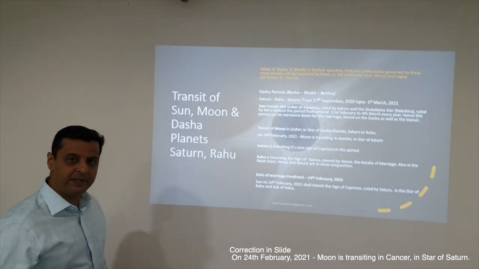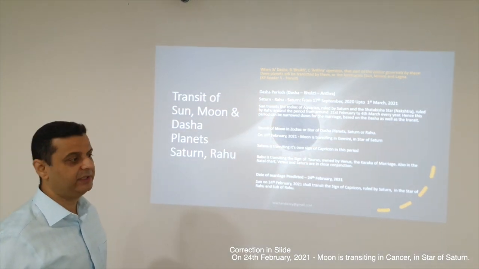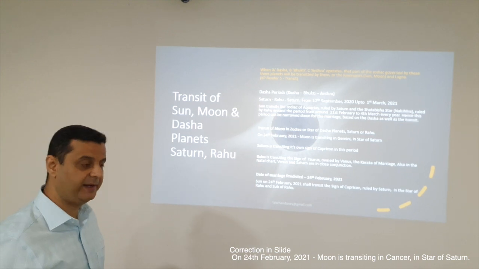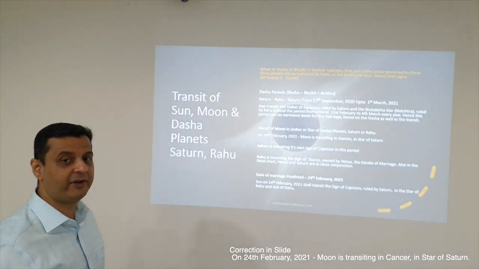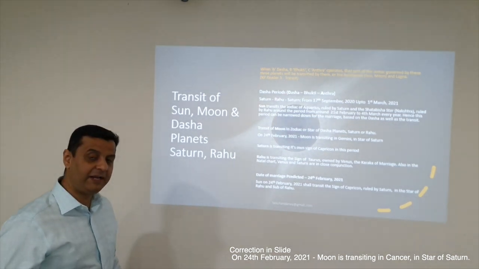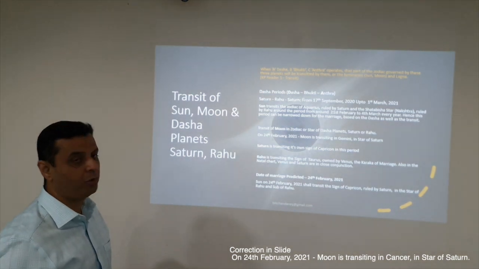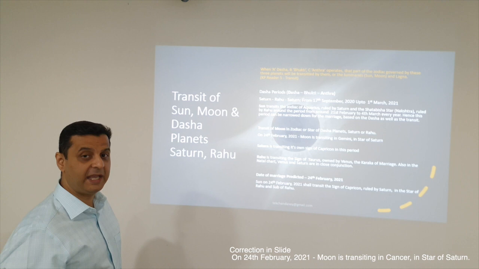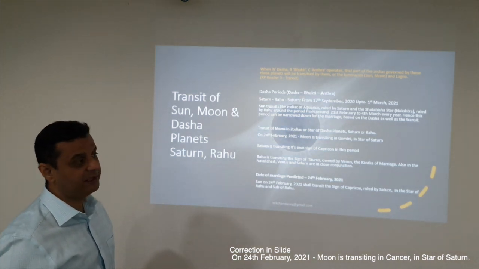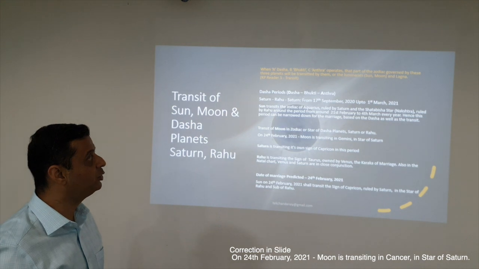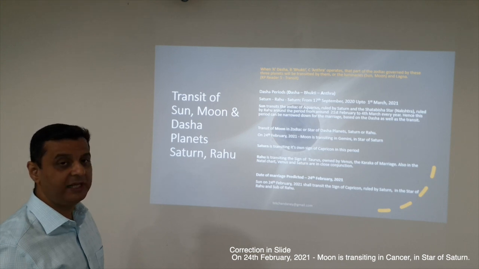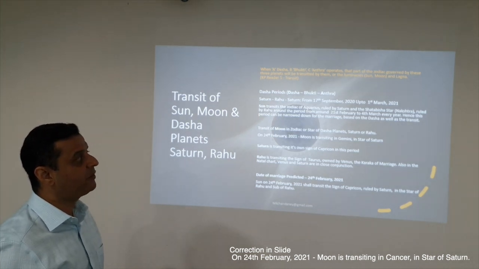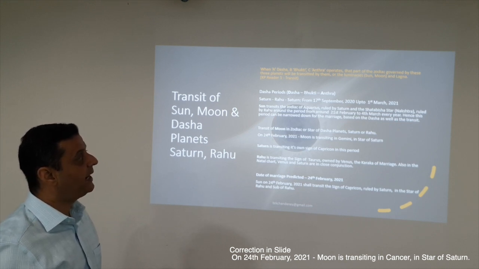Now, to further narrow down the date of the marriage and to make sure that the transits do agree with the Dashas, we need to look at the planetary transits during this period. And while we look at the planetary transits in this period, I would like to borrow an excerpt again from the KP Reader 5, where Shri KSK, Krishnamurti Guruji, indicates that when a specific Dasha, that's when A Dasha, B Bhukti and C Antra operate, that part of the zodiac governed by these three planets will be transited by them.